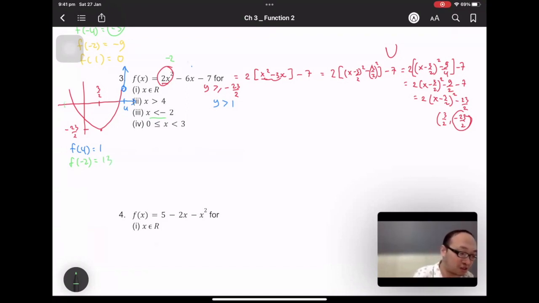So 2 here, negative 2 here, so this is 13. And smaller than negative 2, so when it goes left, it goes up. So this is one function. So y is greater than 13. This is 13, yeah?